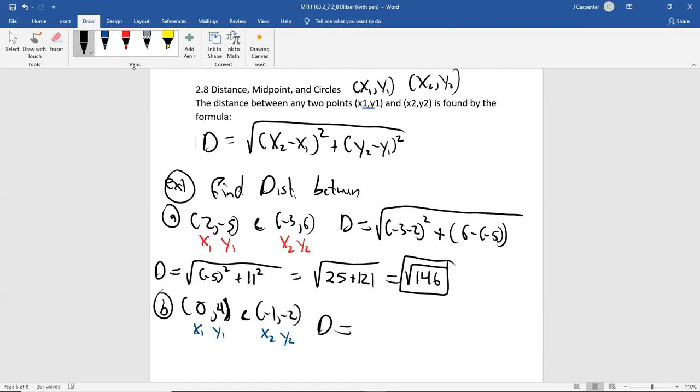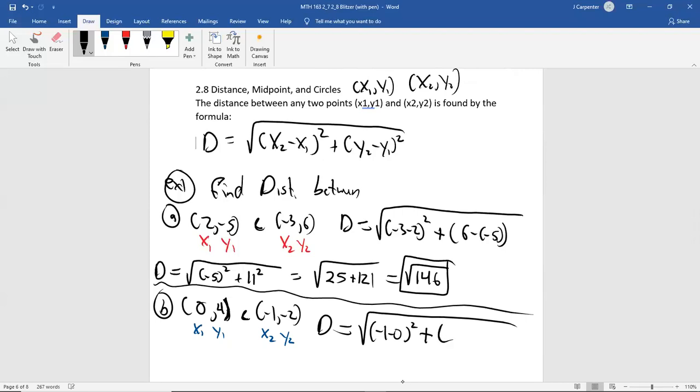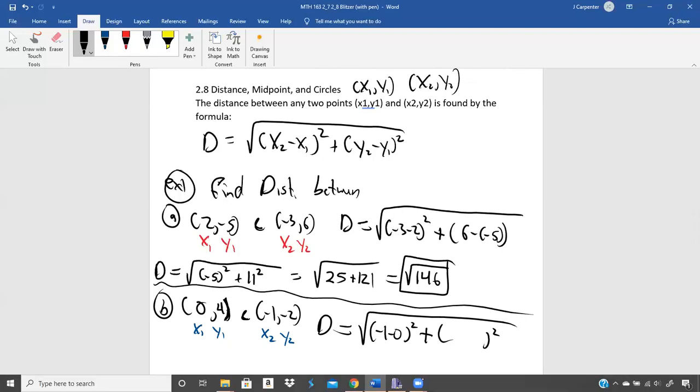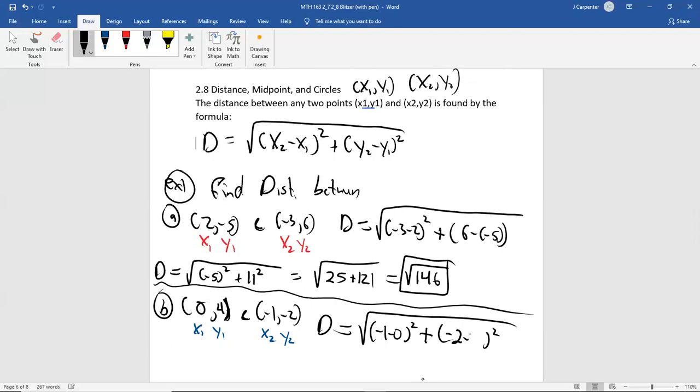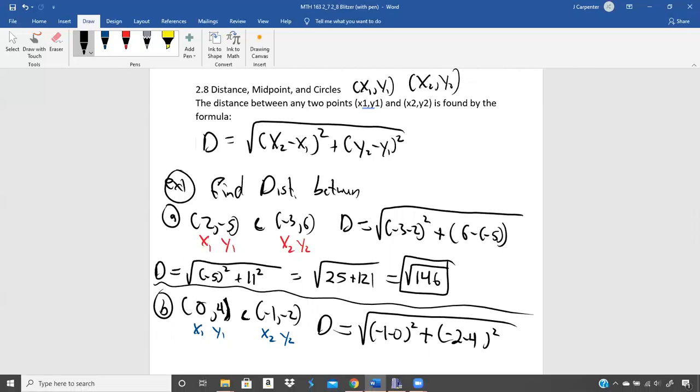So the distance here, big old square root, memorize that formula, parentheses, subtracted, and this will be the x's, -1 minus 0, the x2 minus the x1. Then a plus here, and the difference of the y's being squared. And again, I could go 4 minus -2 and I would conveniently get the right answer, but I'm going to be consistent in the order, -2 minus 4, y2 minus y1. No double negatives the way I've done it this way as well, so that's kind of nice.